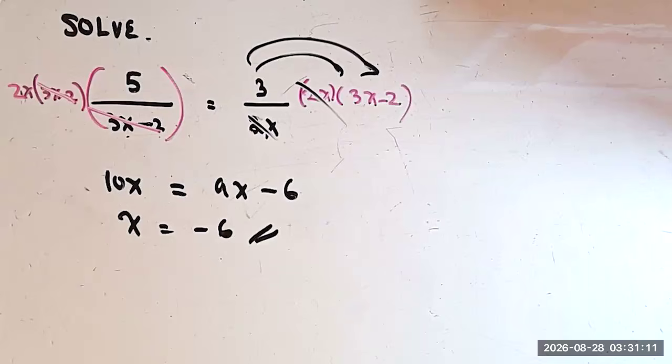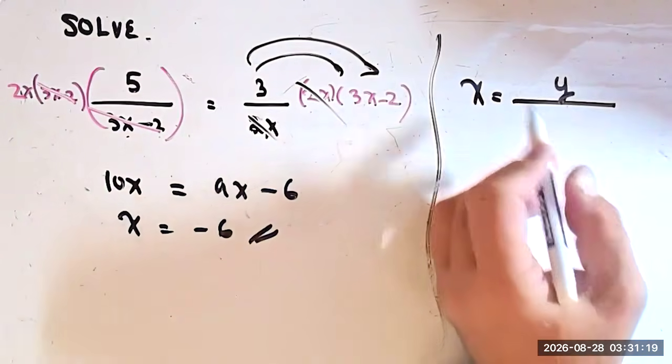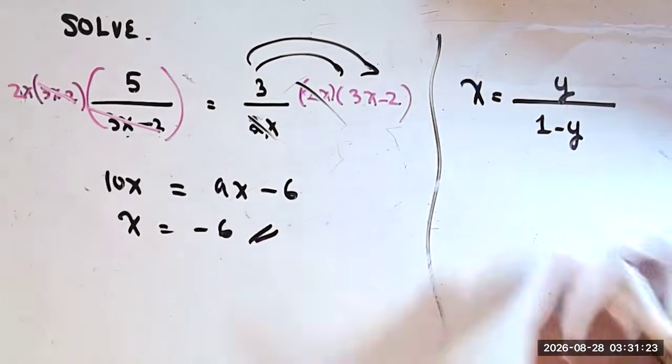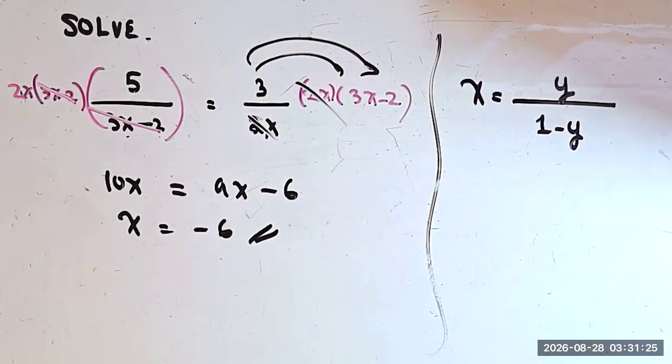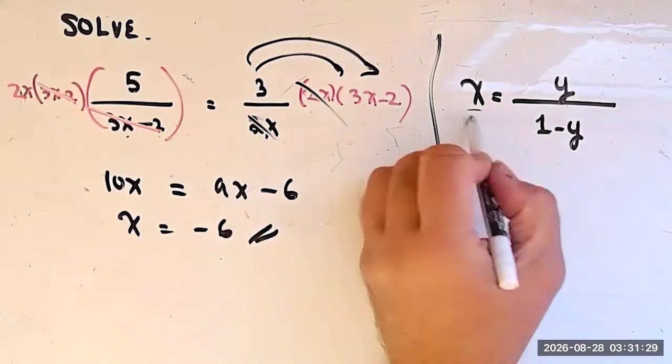Okay, so let's see if I can do one here in real time. What if I have x equals y over 1 minus y? And we need to, of course, isolate the y. So this is over 1.